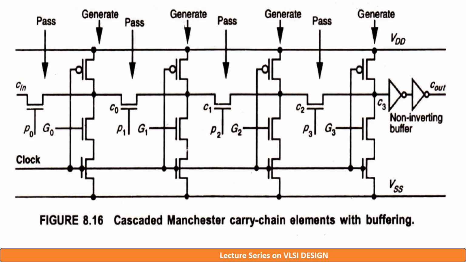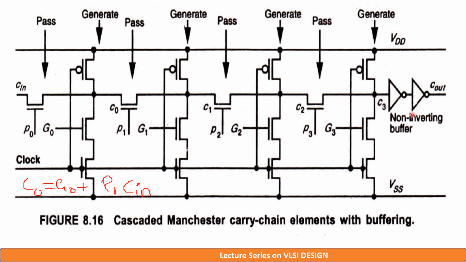The expression for C0 is G0 plus P0 into Cin, so G0 plus P0 into Cin will give C0, whereas the expression for C1 is G1 plus P1 C0, and the expression for C2 is G2 plus P2 C1. The expression for C3 is G3 plus P3 C2.